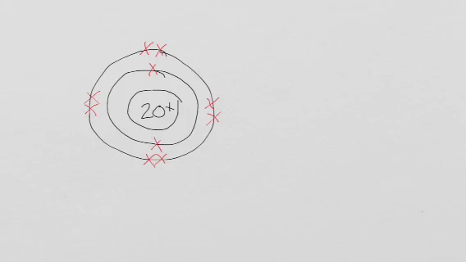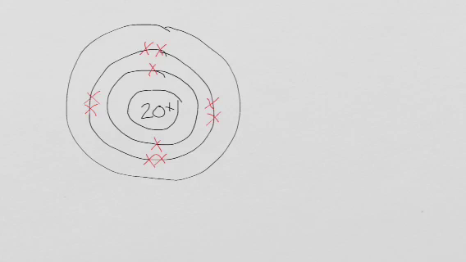So what do I do? I make another shell. Okay, how many go on the third shell? 8. 1, 2, 3, 4, 5, 6, 7, 8.